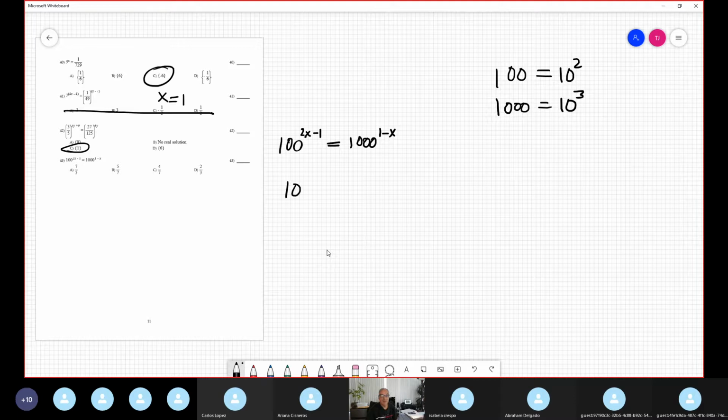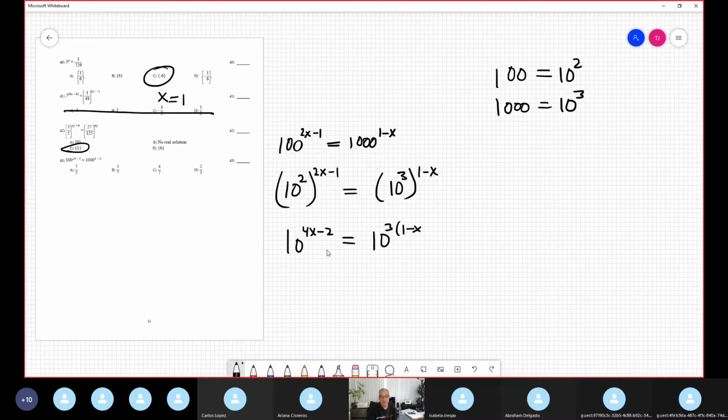Replace: 10 to the 2 raised to the 2x minus 1 is equal to 10 cubed raised to the 1 minus x. And multiplication is 10 to the 4x minus 2 equal to 10 to the 3 parentheses 1 minus x.